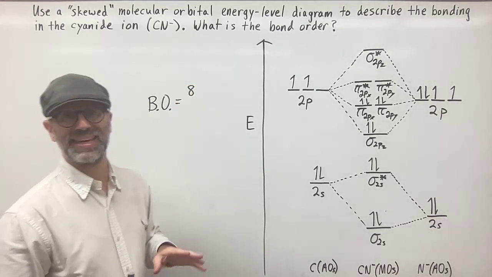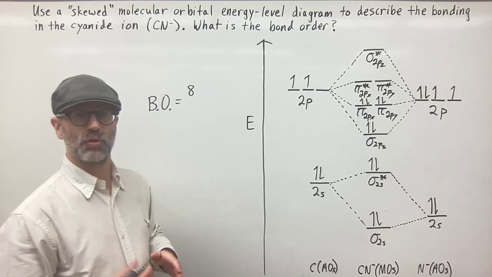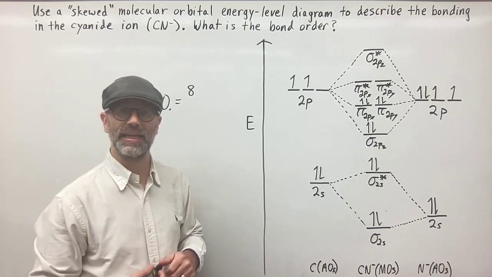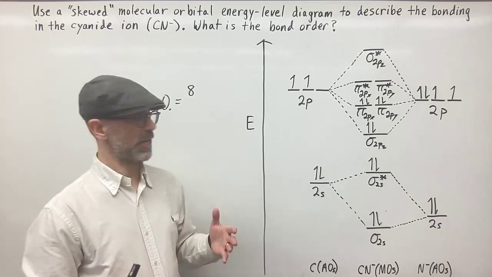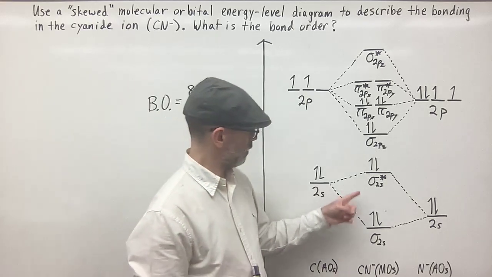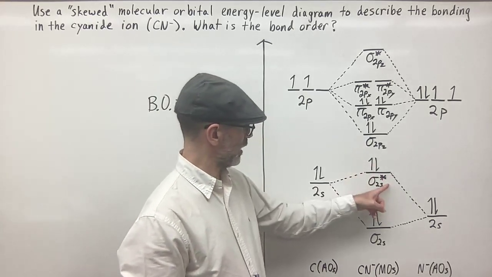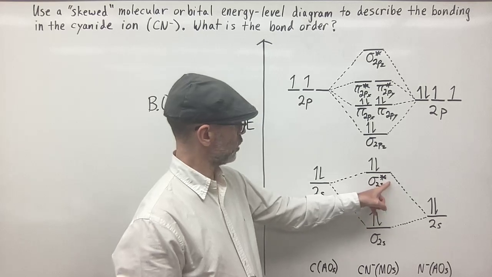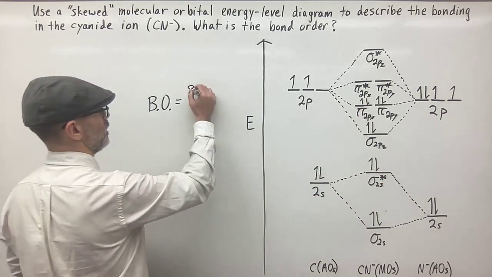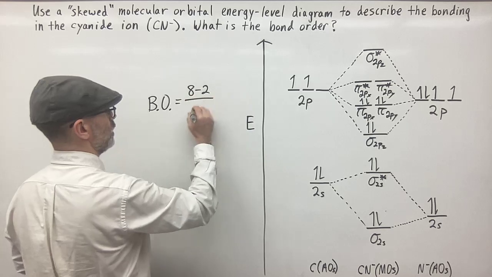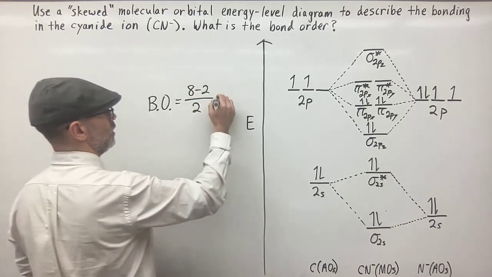So bond order is equal to 8 bonding electrons, and we're going to subtract from that the anti-bonding electrons. Those are the electrons you find in the anti-bonding orbitals, which have an asterisk or a star. So we have 2 electrons here that are in the sigma 2s star molecular orbital, and that's all we have. So that's going to be minus 2. We're going to divide all of that by 2.